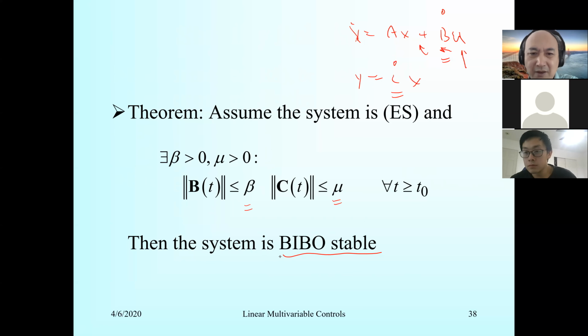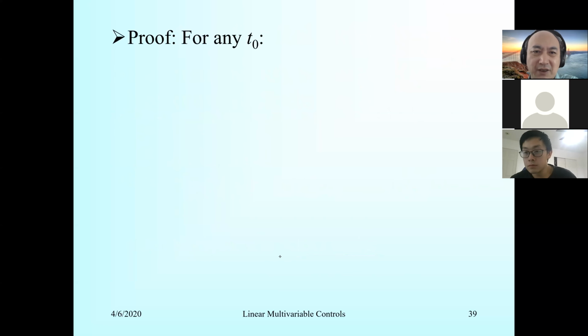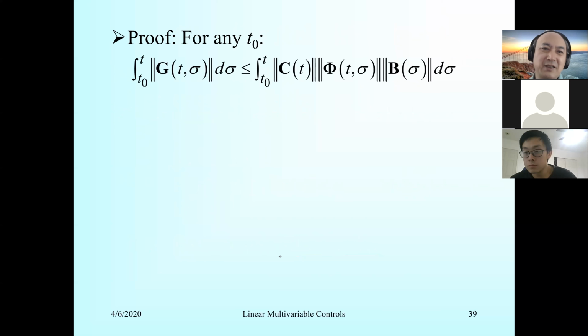Let's prove it. So again, this is for exponential stability. We know that this G is C phi B, and the integration of that will be less than or equal to all of this.